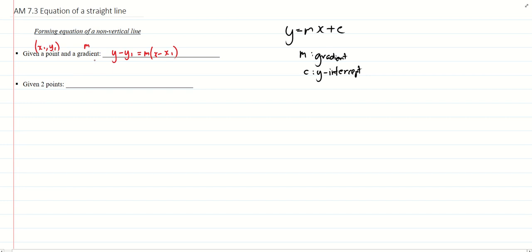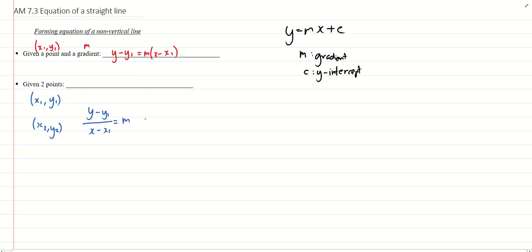Now what happens if, instead of being given a gradient, I'm given 2 points? Let's say I'm given (x1, y1) and (x2, y2). Then we can easily transform this equation using the 2 points. We know for a fact that y minus y1 over x minus x1 equals my gradient.